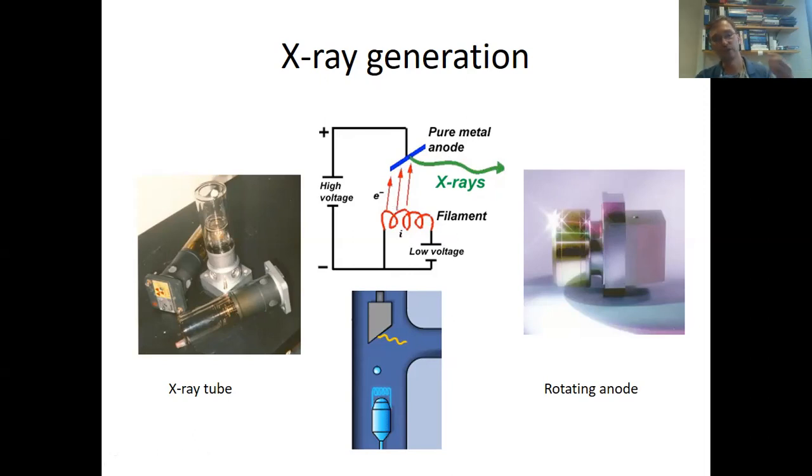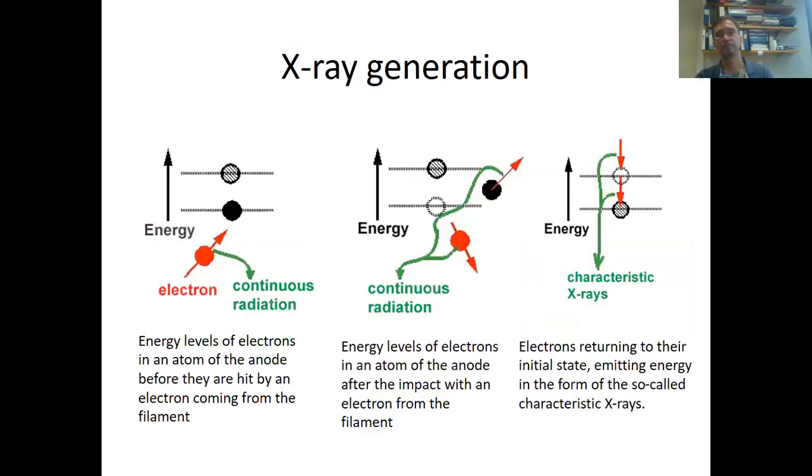And for heat dissipation reasons, that anode is being rotated. So this increases the lifetime of the anode. Okay, so now how exactly are the X-rays being generated as the electrons hit the anode? So we can see this here.